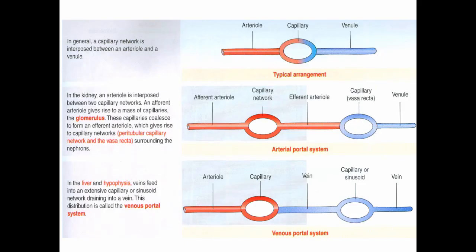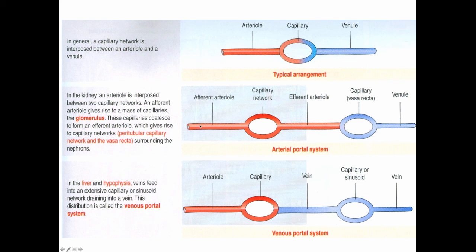Let me go back and talk about portal systems for a minute. On the top you see a typical capillary bed with an arteriole, a capillary, and the capillary going into a venule. On the bottom we can define a venous portal system, something like you may have seen in the GI liver, the hepatic portal system. You have a capillary bed going into a vein, going into another capillary bed, a venous portal system.